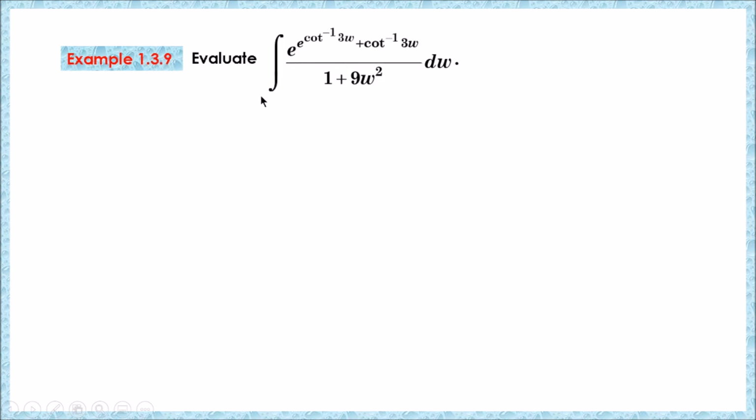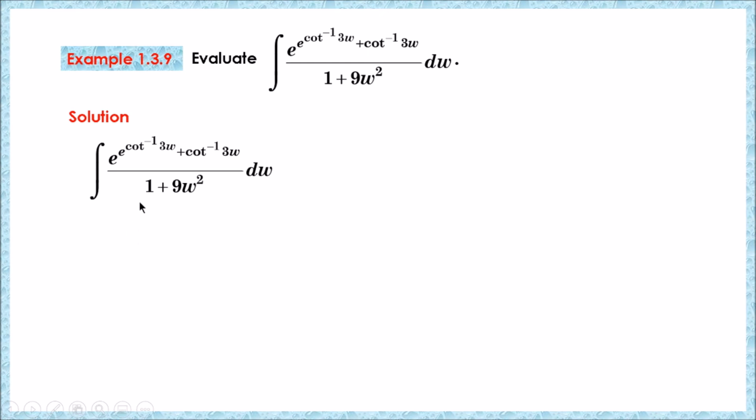Example 1.3.9. Evaluate the integral of e^(arccot 3w) plus arccot 3w, dw all over 1 + 9w^2. Solution. First, let us express this integral in the form of the integral of e^u du.